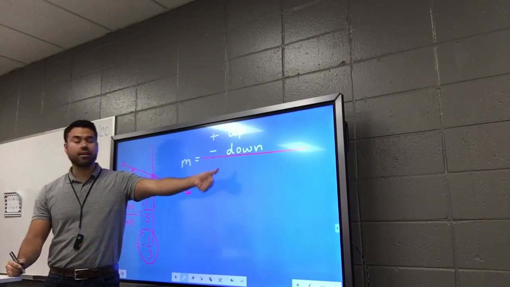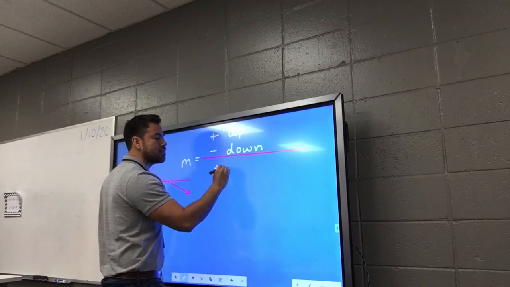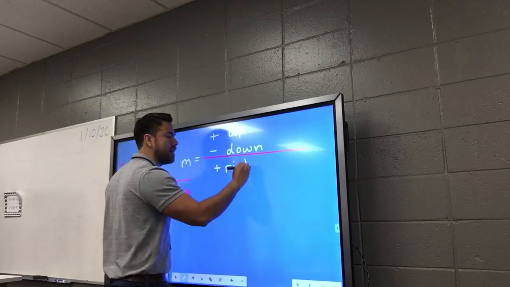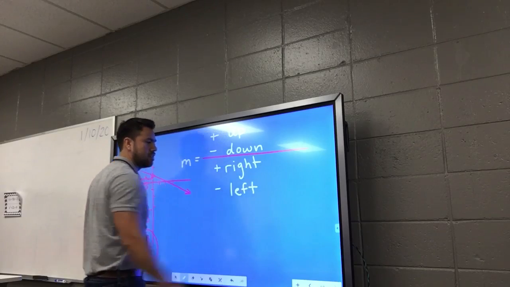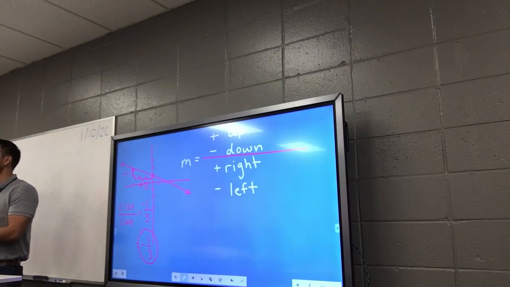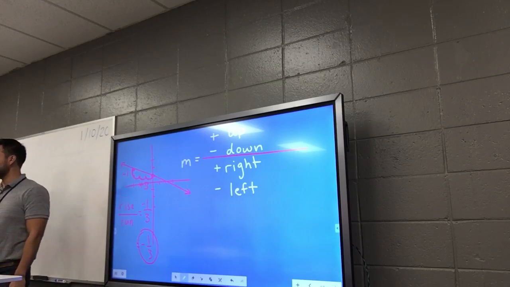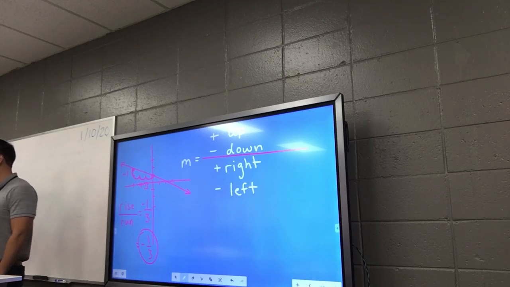If you're talking about your denominator, if you have a positive number, that's to the right. Positive means right, and negative means left. So that's your key. When you're moving around, positive y value is up, negative y value is down, positive x value is to the right, negative is to the left.